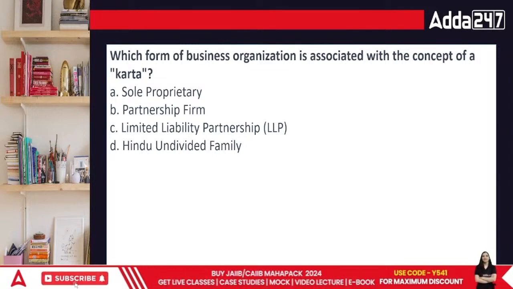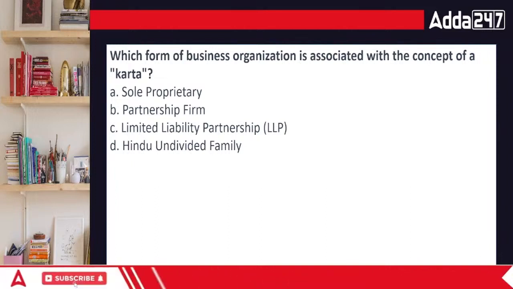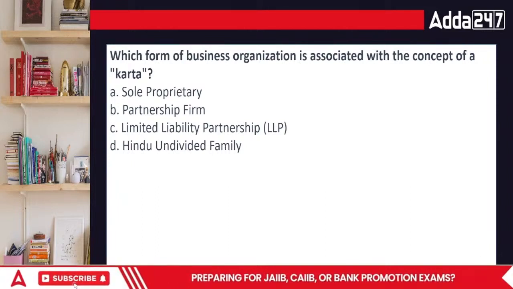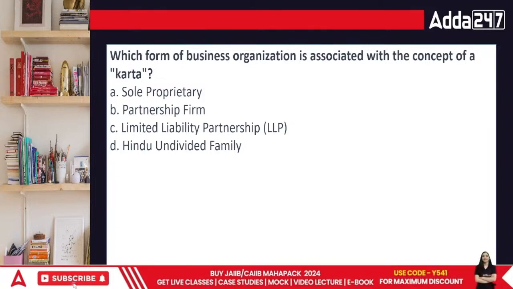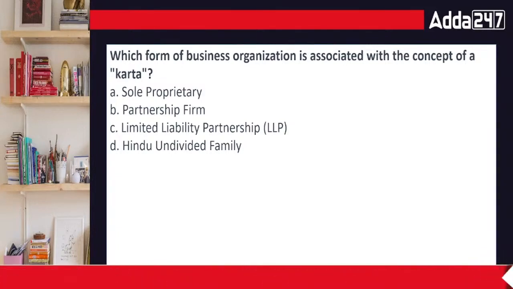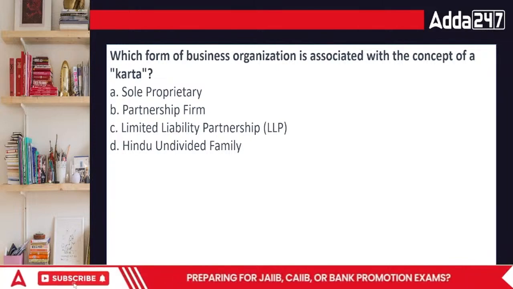So in this case, the correct answer is going to be HUF. The eldest male is the Karta. He is the decision maker of these kind of families. And that's how they take the decisions of the work.